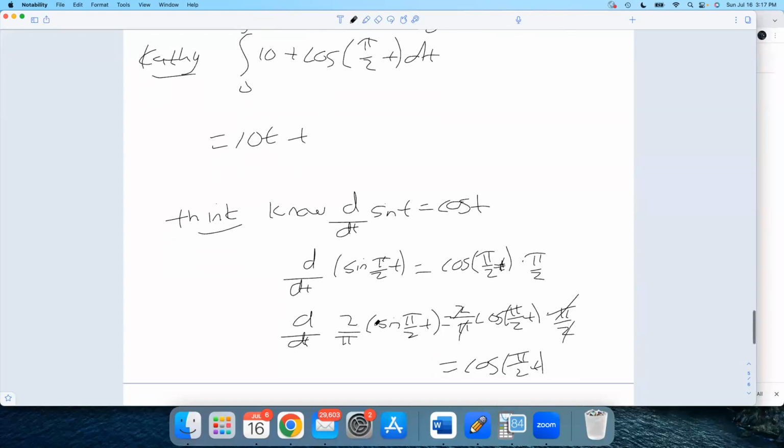So if this guy's derivative is that, then this guy's antiderivative is that. So we get 2 over pi times sine of pi over 2t, evaluated from 0 to 5.